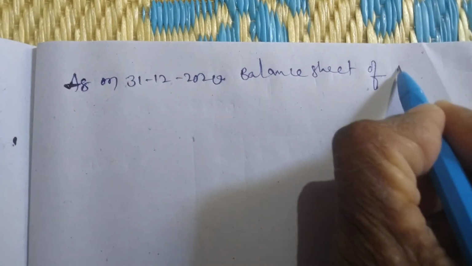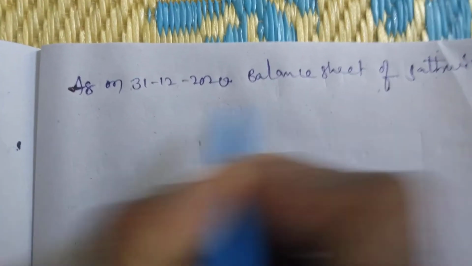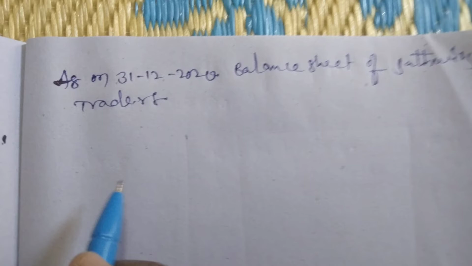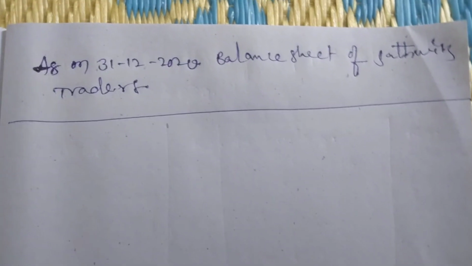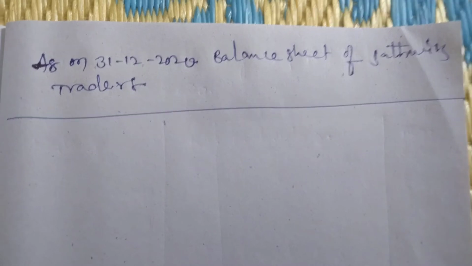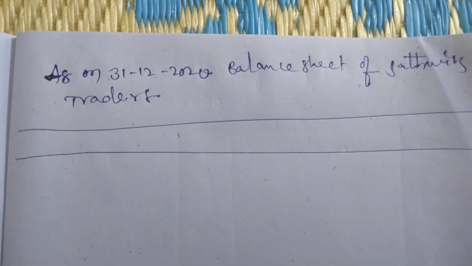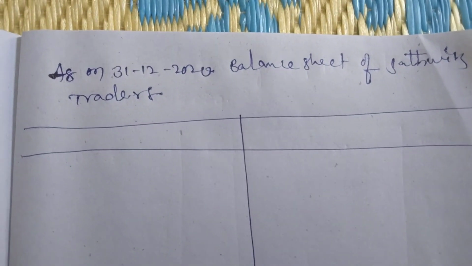This is also a T shape, but it is not a ledger account; it is only a statement, though shown in T shape. In the middle of the paper, draw a vertical line.